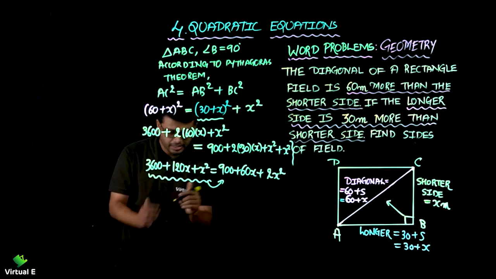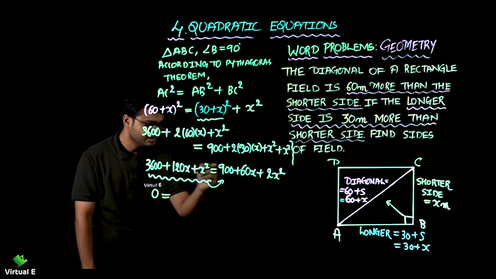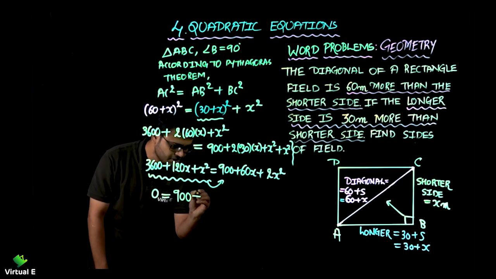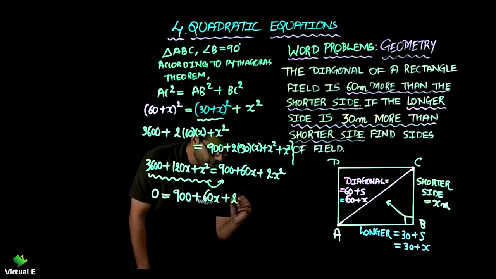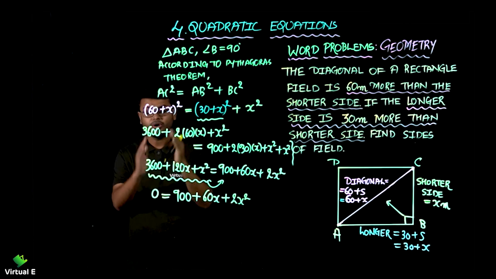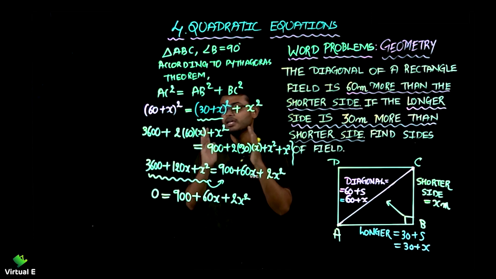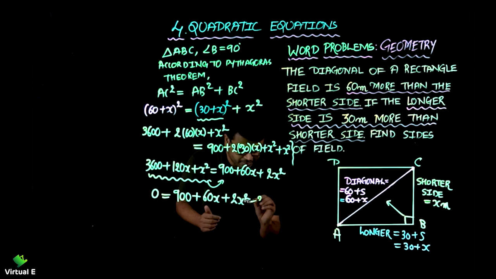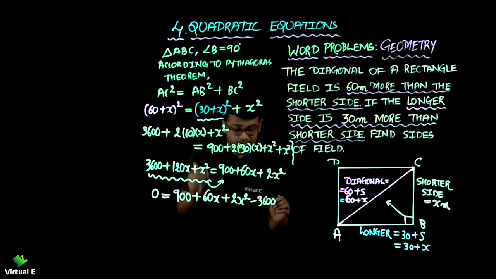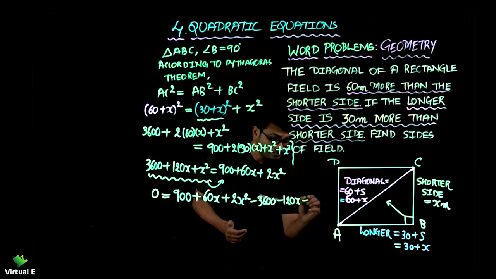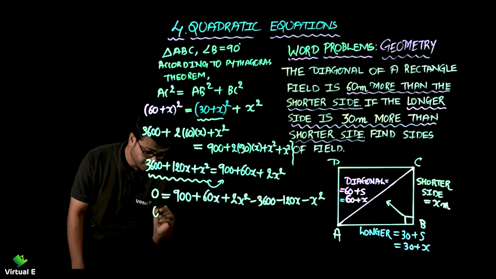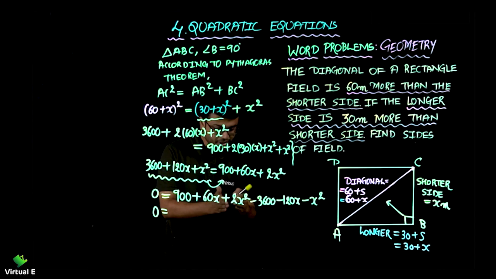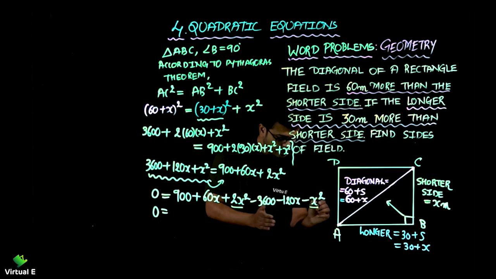So LHS is 0, then 900 as it is, 60x as it is, 2x square as it is, but the signs of these three terms will be changed: minus 3600, minus 120x, and minus x square.